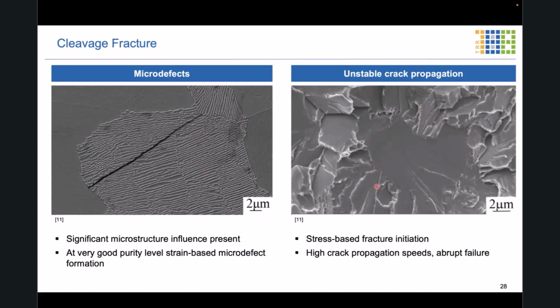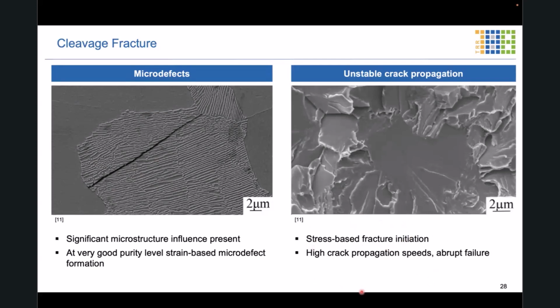Whereas in order to quantitatively assess the unstable crack propagation, we have to concentrate on the amount of tensile stress at the tip of those defects. And this means we need a stress-based fracture initiation criterion. And usually we observe a very high crack propagation speed and an abrupt failure.